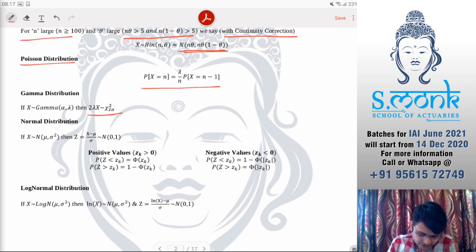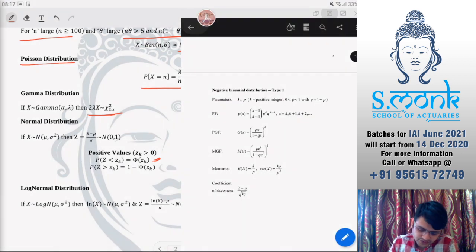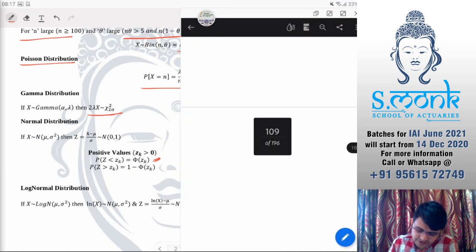Whenever we have normal distribution, if you want to find probabilities, you'll have to convert it into standard normal distribution. If your zk is positive and you're finding probabilities less than zk, then you can directly look at the normal distribution table, page number 160.